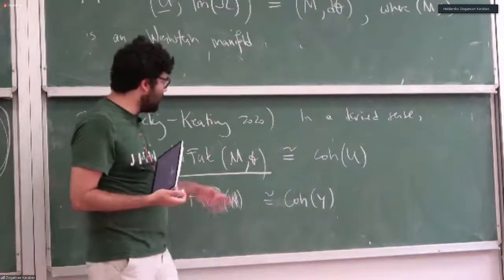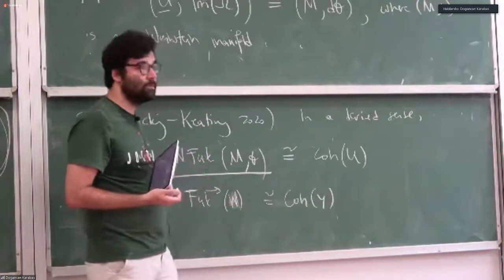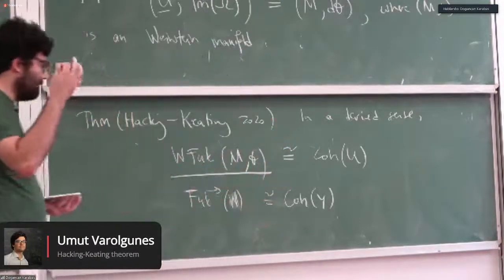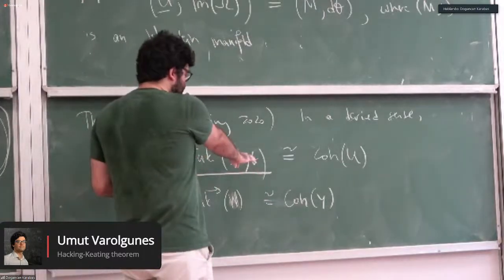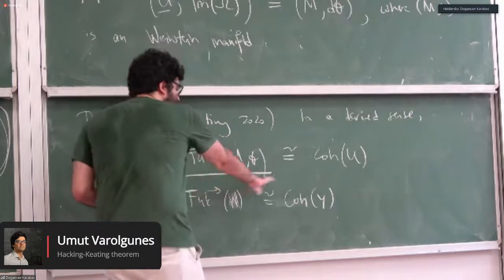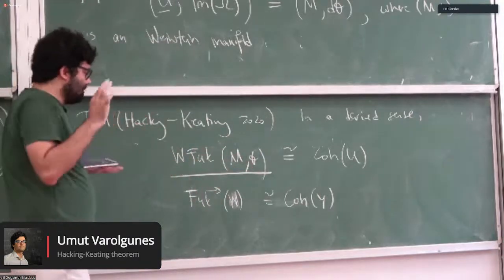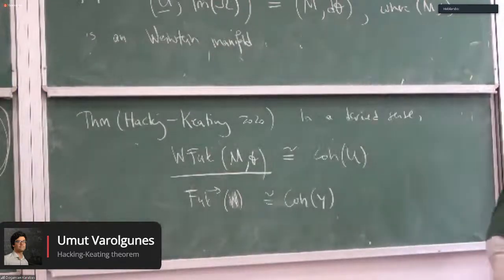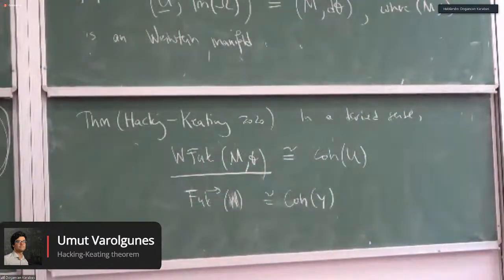And then you do a categorical localization to get from this statement to this statement. So it's very indirect, and it's not something that you would have really imagined. To construct the Lefschetz fibration that you need to use to get this statement to be true, it's very difficult to just guess that. But I'll say something about why they guessed it.